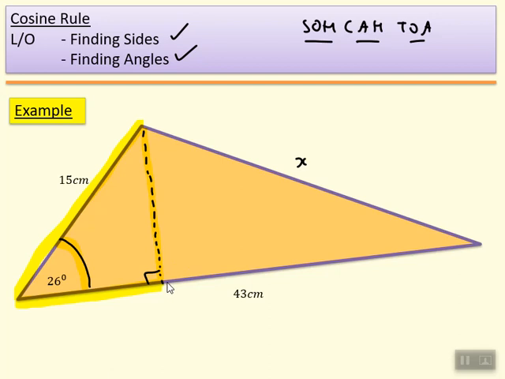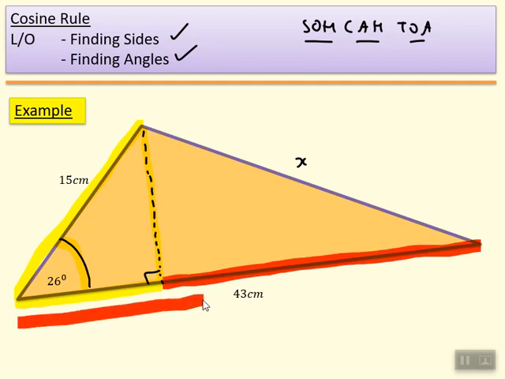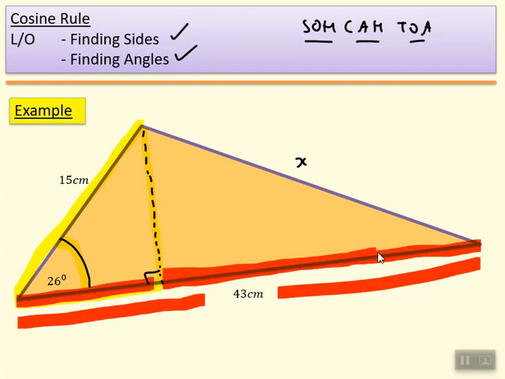Then you can work out how long this side is, because this whole length is 43 from here to here. You've just worked out this bit, so if you do 43 take away this bit, then you've got the length of this section. You worked out this side already using SOHCAHTOA on this left-hand triangle.